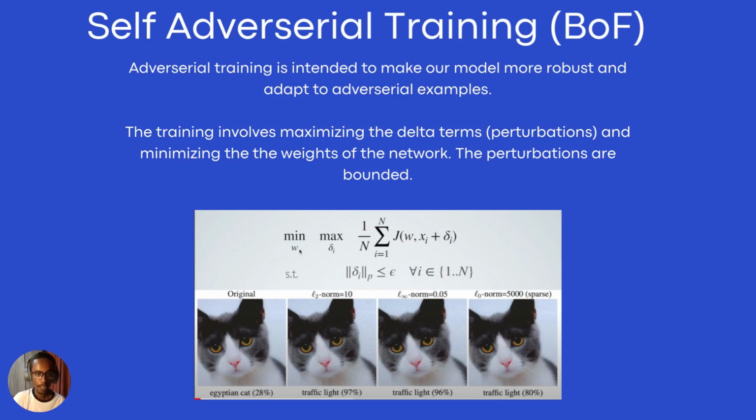The perturbations, as we have talked about before, are bounded. Our cost function finds the error between our predictions and the original training label. We want to minimize the error, and the way we do this is by maximizing the perturbations and minimizing the weights.